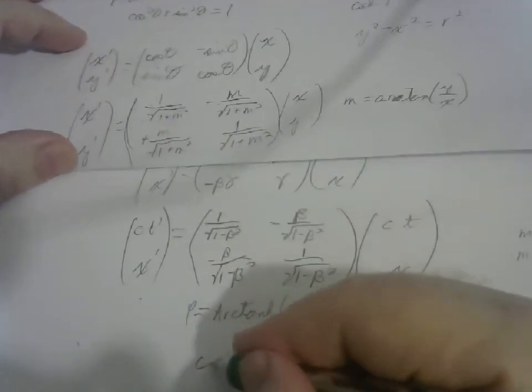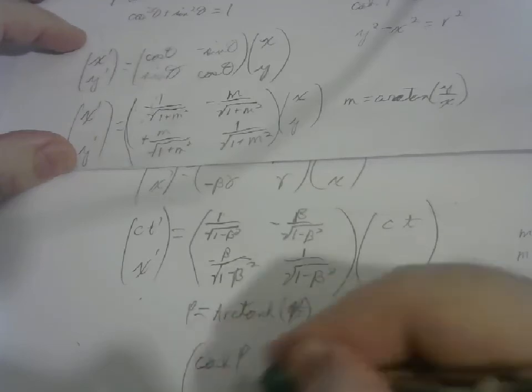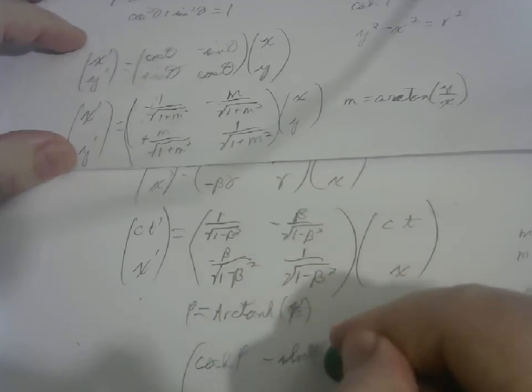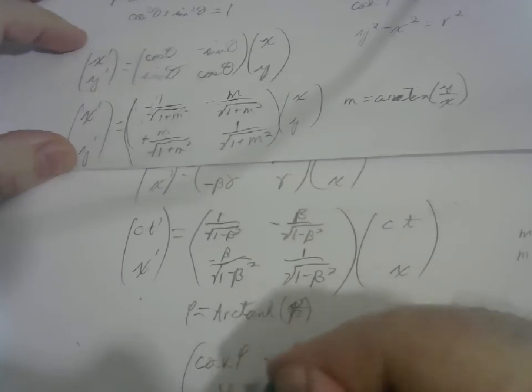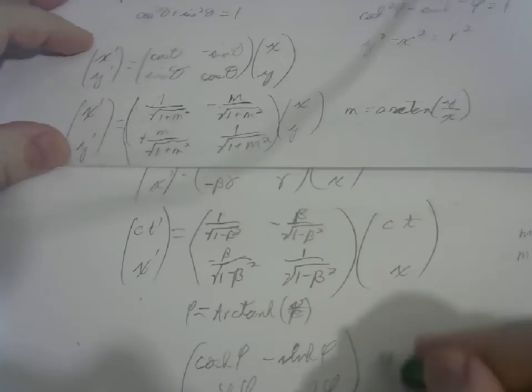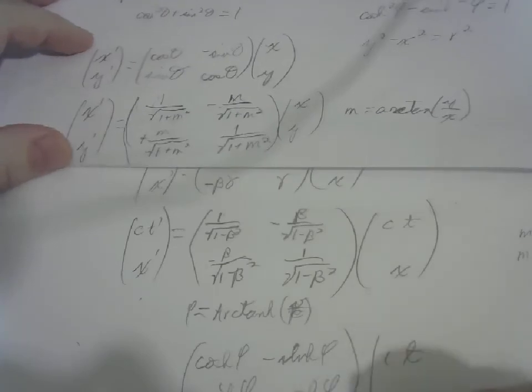Then you can write this as cosh phi, negative sinh phi, negative sinh phi, cosh phi. And this is a boost to the right, I think.